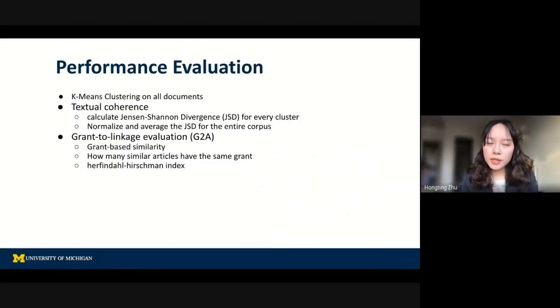For the performance evaluation, we did two methods. First, we cluster all the document embeddings, and we did textual coherence and grant linkage evaluation. Textual coherence is essentially evaluating the textual information. We calculate it for the entire corpus, and grant linkage evaluates how many similar documents have the same grant within the whole cluster.